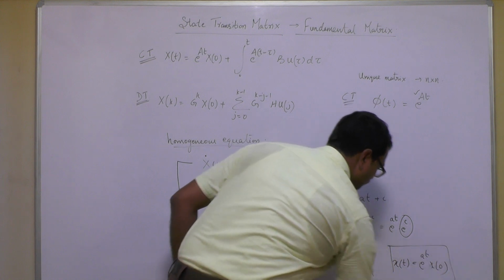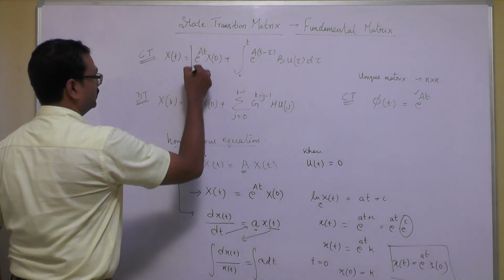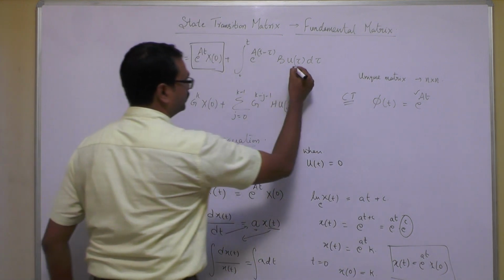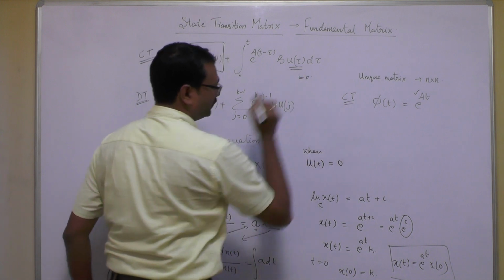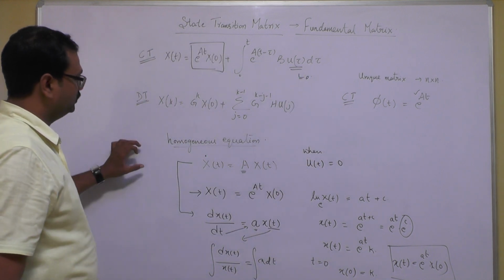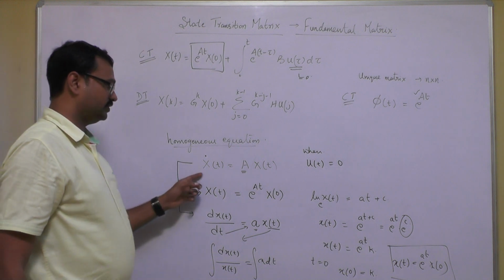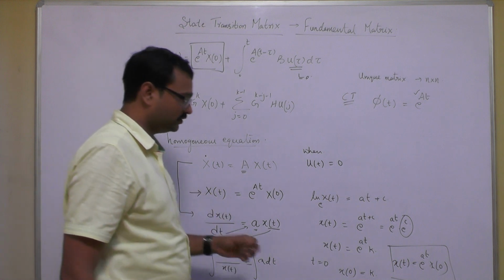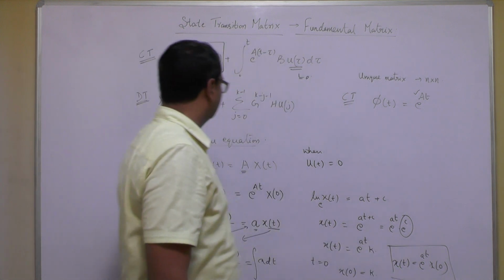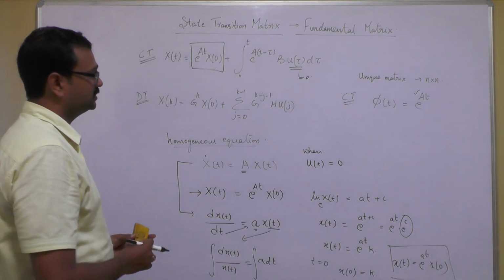Now this same equation is here when u of t is equal to 0. So for a continuous time system, a homogeneous equation x dot of t is equal to a into x of t, the solution is x of t is equal to e power a t into x0, which is this equation.